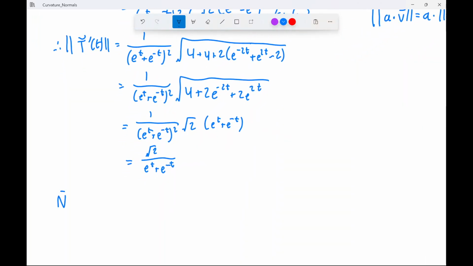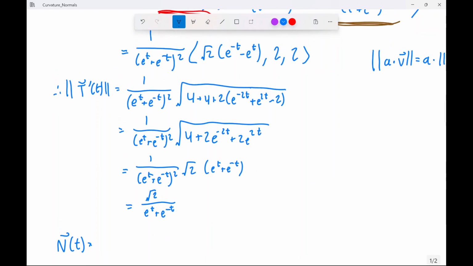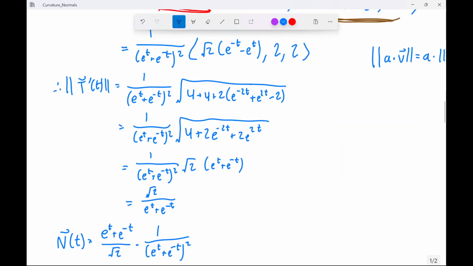So N of t is equal to this here, and then divide by this is the same as multiplying by the reciprocal, so that's e to the t plus e to the negative t over root 2 times 1 over e to the t plus e to the negative t squared. And then times my actual vector from above.